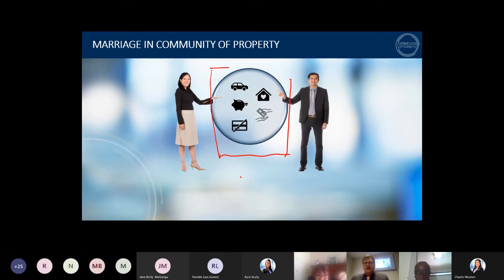It has ceased to be. It has gone up to join the choir invisible. Once these separate estates have ceased to exist, a new entity comes into being, and that is known as a joint estate. Now, what are the attributes of a joint estate, and how does it work?